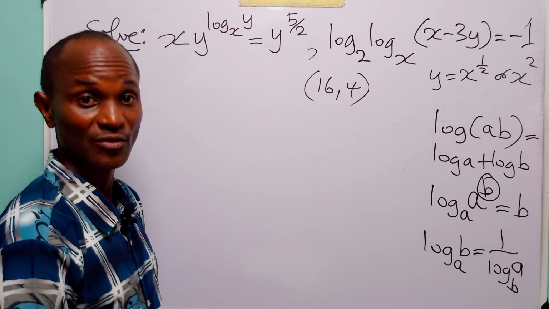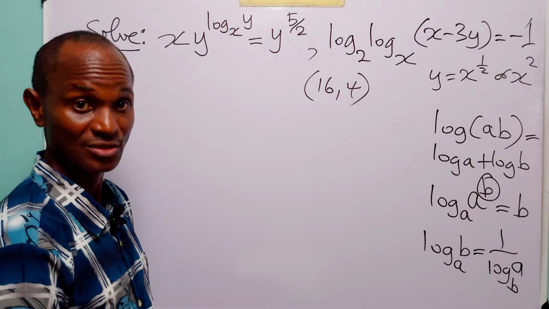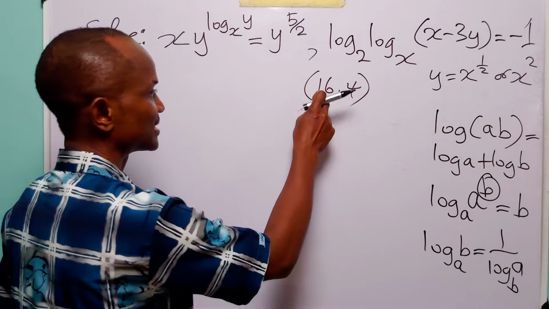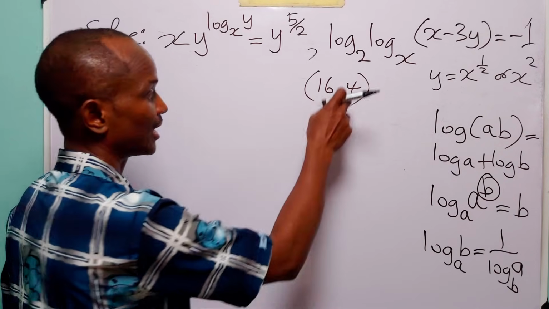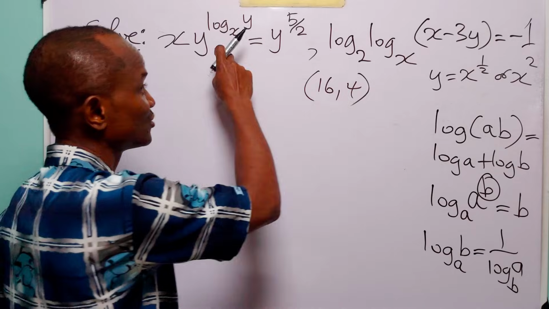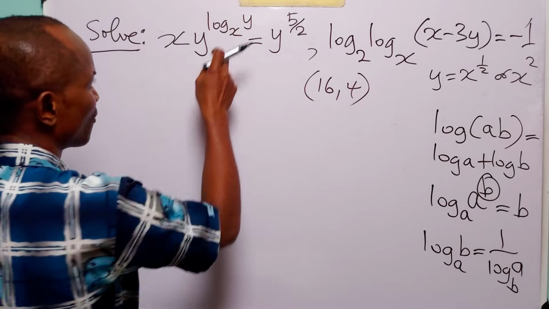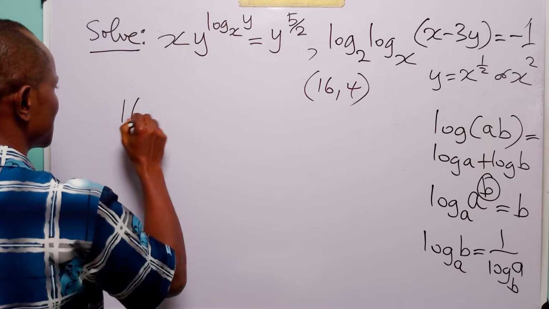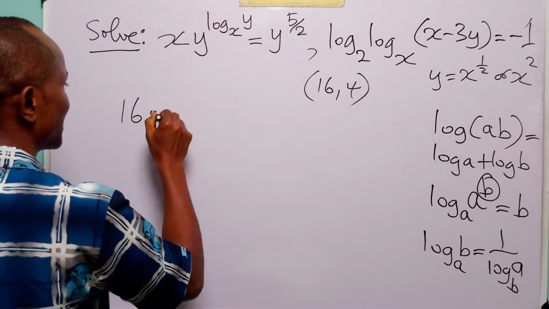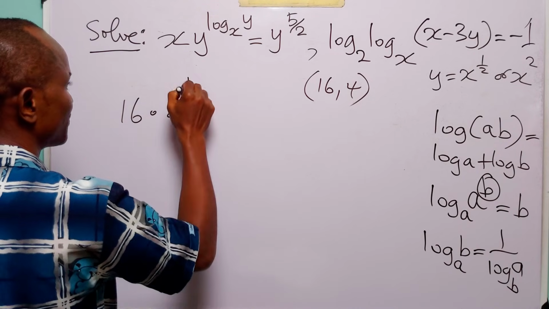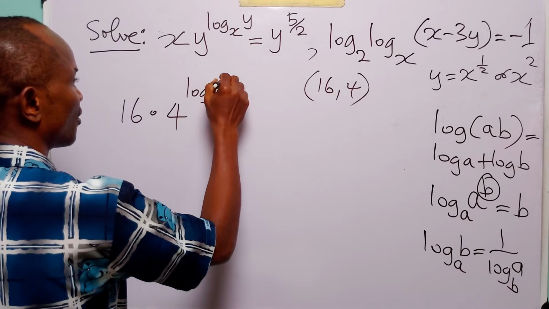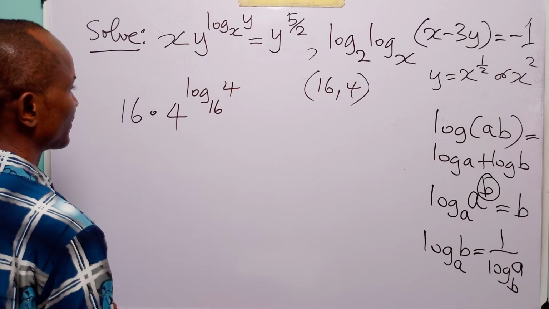Now, to check if the values of x and y that we calculated actually satisfy the given equations, let us substitute 16 for x and 4 for y into both equations. When we substitute into the exponential equation, we have 16 multiplied by 4 to the power log to base 16 of 4.